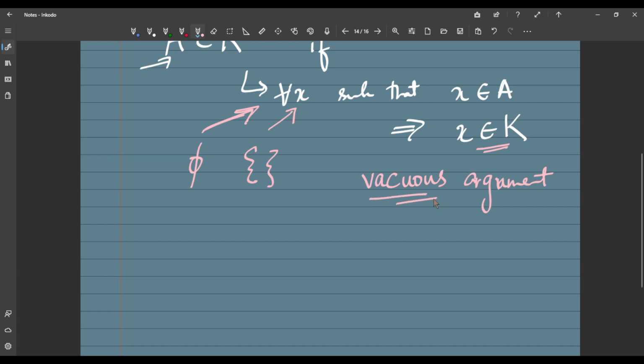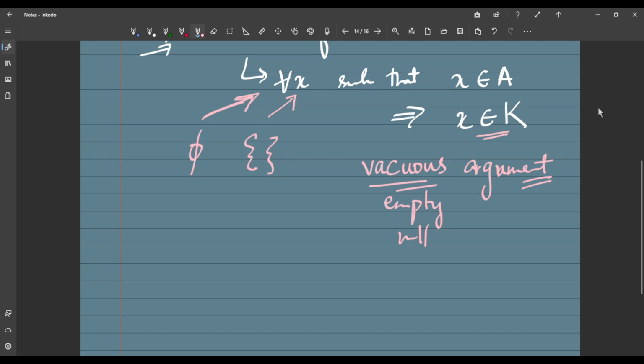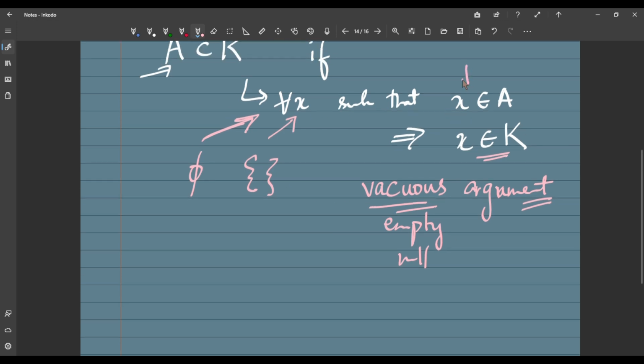Vacuous is a synonym for empty or null, because this argument is just that, an empty argument. If I say that x belongs to A, then x has to belong to K. But if x does not belong to A to begin with, then x may or may not belong to K. I don't care about it. My statement is still correct.